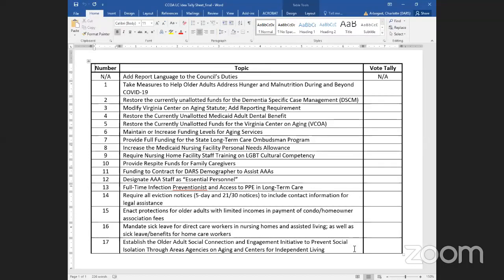So I'm just wondering if I should abstain from number 5 in any regard because of that connection, because any increased or restoration of funds to that entity would benefit this effort that I'm working towards. But I know that's the case for other people on this council who are advocating for things on this document too. I'm just concerned. Charlotte, I wanted your opinion on that.